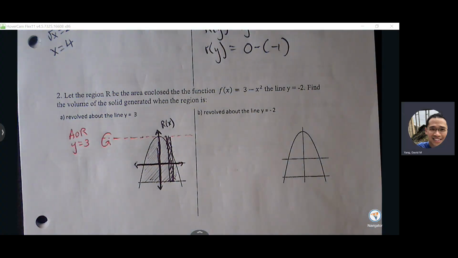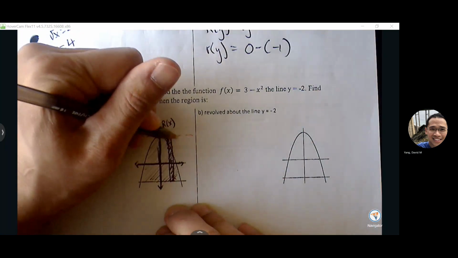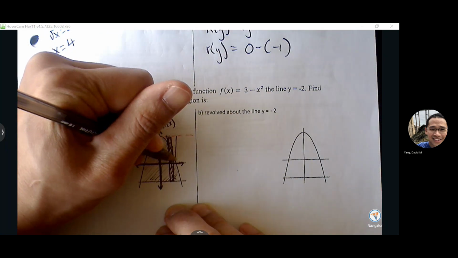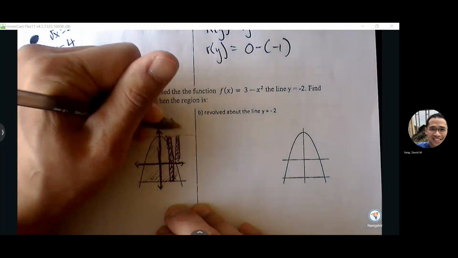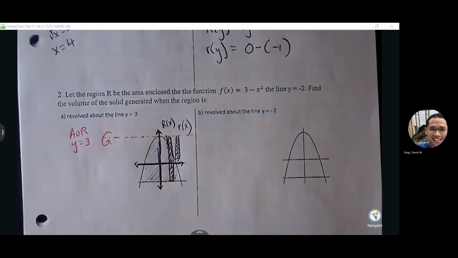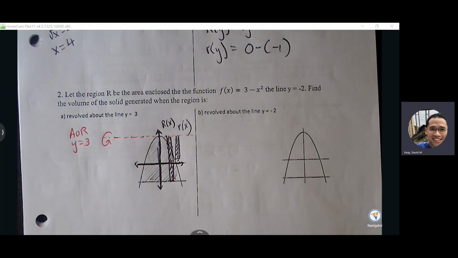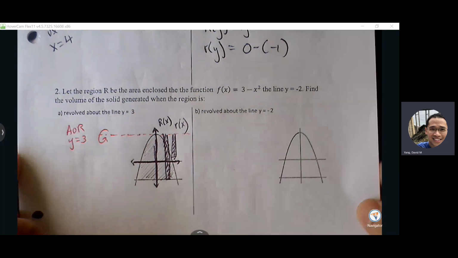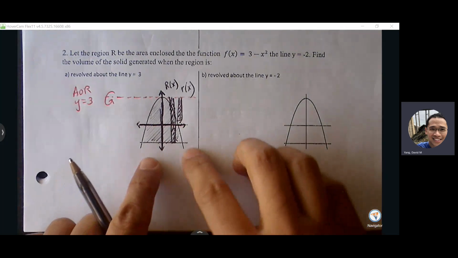We know we have to go through washer method. There's a gap. So from the axis, I'm going to extend to the closer of the two boundaries. I'll call that little r. Let's see, we do have to take the time to find the boundaries. Looks like the boundaries are not clear. So we want to set the curve and the line equal to each other to figure out the intersection.